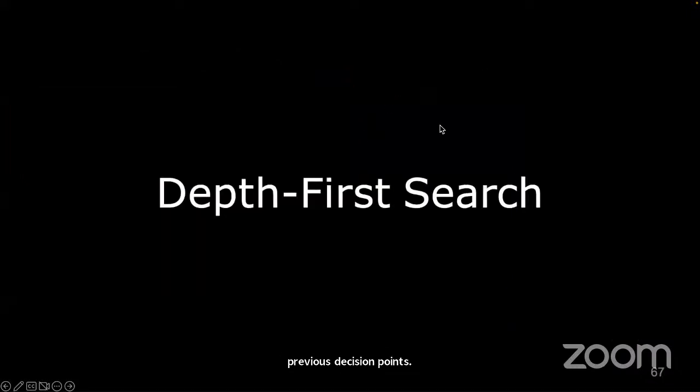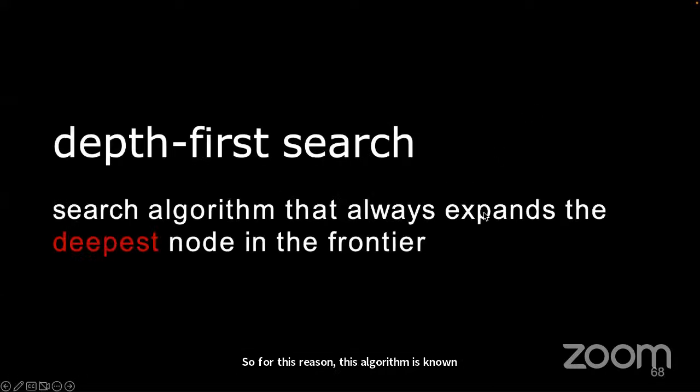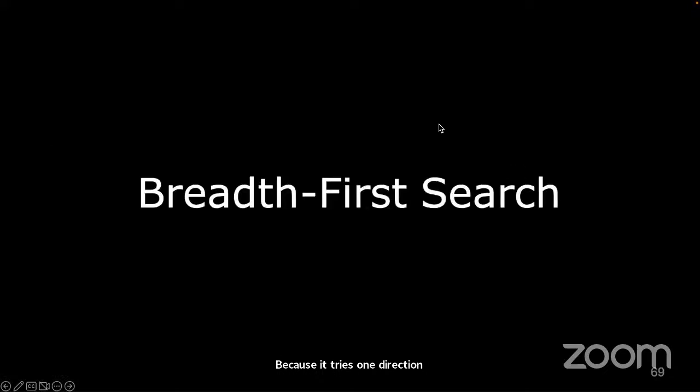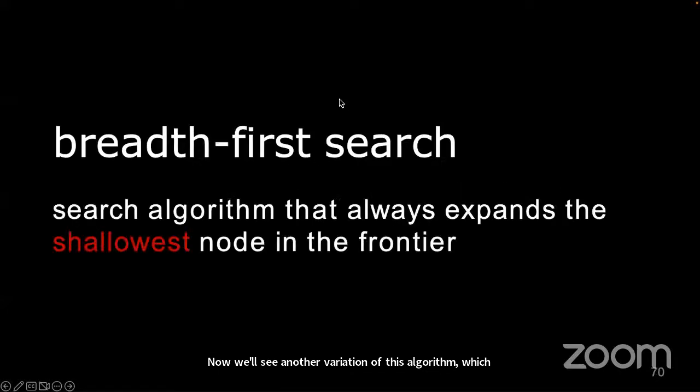So for this reason, this algorithm is known as depth first search, because it tries one direction until it reaches a dead end. Now we'll see another variation of this algorithm, which works in a different way, which is known as breadth-first search.